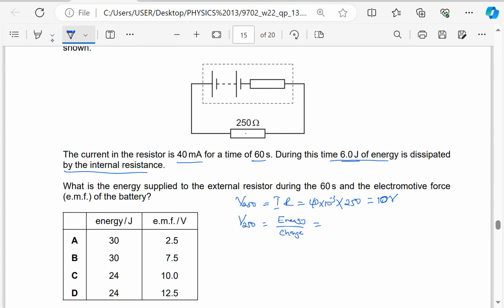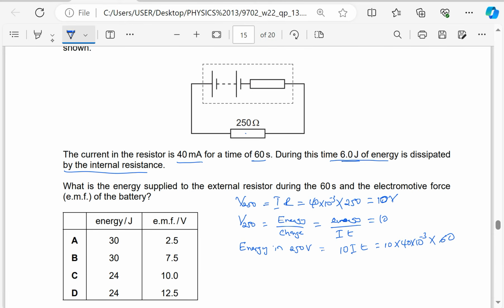So this is going to be the energy divided by the charge, which is current times T. So it means the energy in 250 volts, making energy the subject, is going to be the PD. Remember this was 10 volts. It's going to be 10 times I times T, which is going to be 10 times the current, which is 40 times 10 to the power of minus 3 times T, which is 60 seconds.